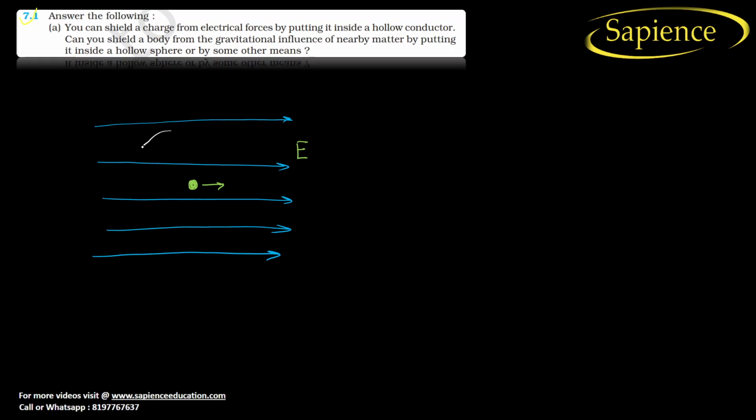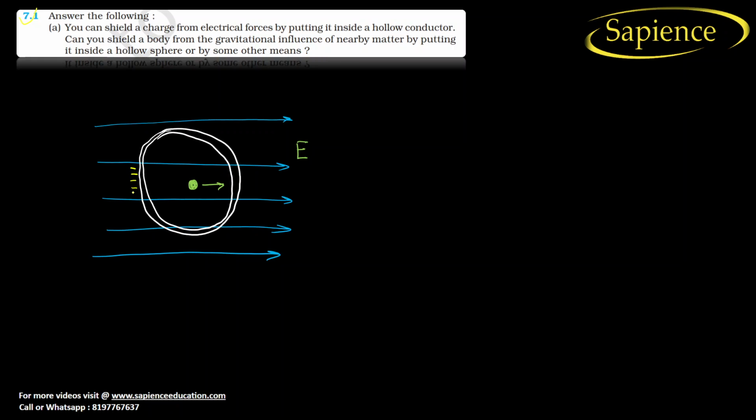So if I shield here with a metal box, a metallic sphere, what will happen due to the electrical field? Most of the electrons will go in this direction.